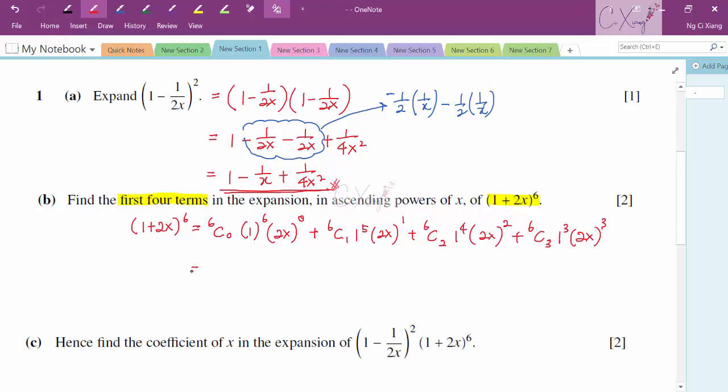After you write out the correct formula, you can straight away press the calculator and simplify to get the final answer. Your final answer should be 1 plus 12x plus 60x squared plus 160x to the power 3. So these are the first 4 terms of this binomial expansion.